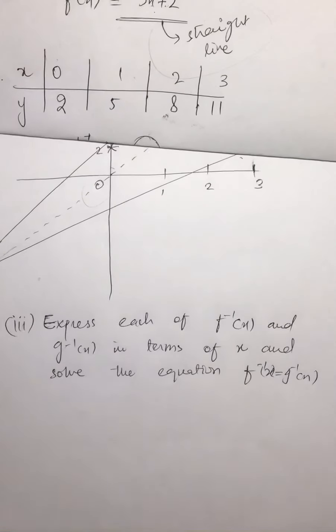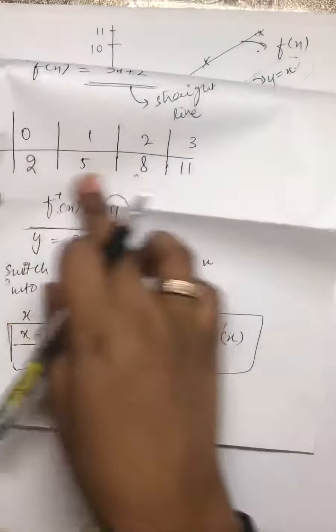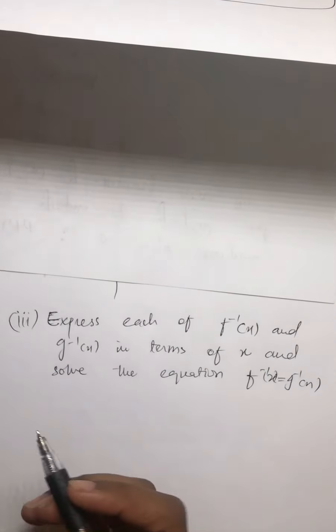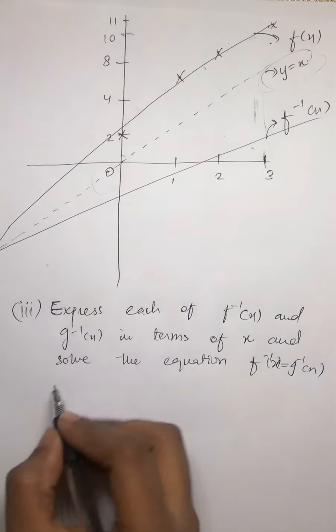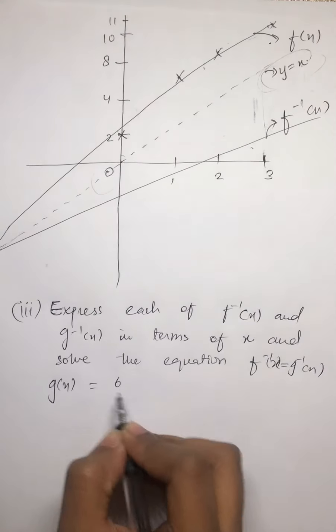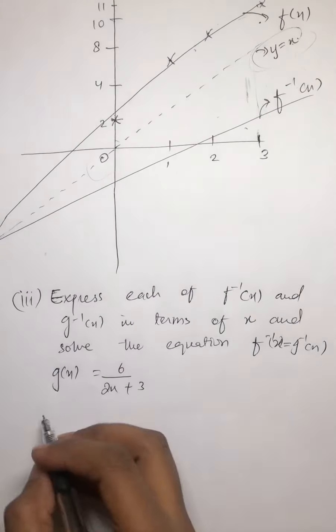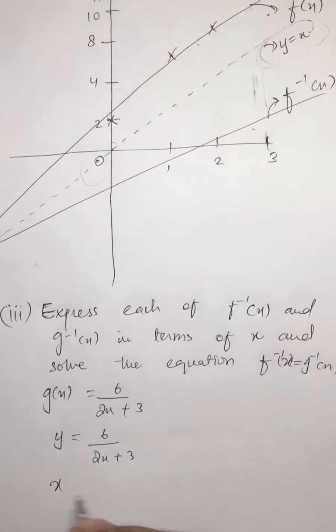So let's find, I have also told you how to find the inverse, so I'm going to do it quickly. g of x equals 6 over 2x plus 3. I'm going to switch the values. You already know that this is 2x plus 3, x equals 6 over 2.